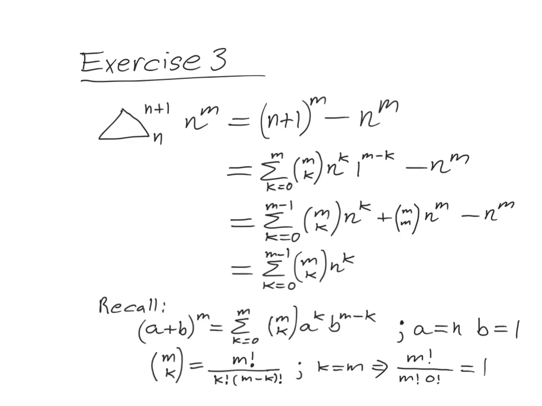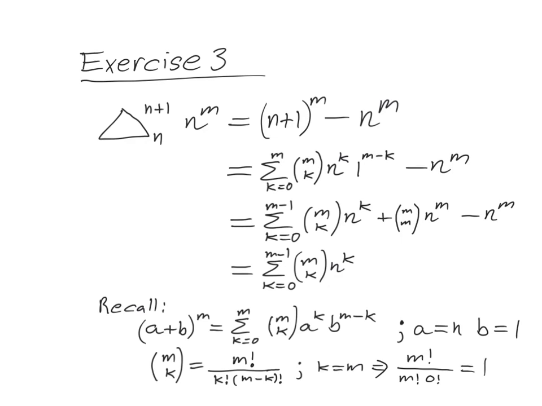In this case, a is equal to n and b is equal to 1. We also recall that the binomial coefficient m choose k is equal to m factorial divided by k factorial and also divided by (m minus k) factorial. When k equals m, this reduces to 1.